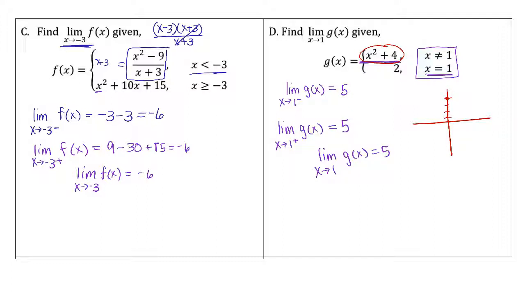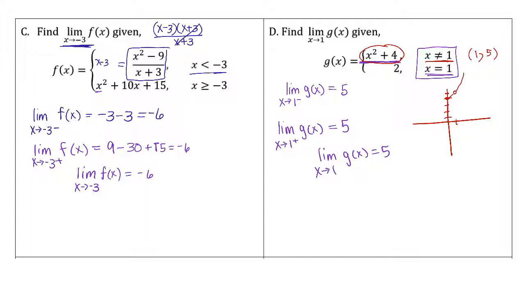And so I do have the parabola, but I should have an open circle. I need to pinpoint where that hole is. So if I plug in 1, I get 1 plus 4, so (1, 5). So I go over 1, and at 5, which is one more here, I have an open circle.